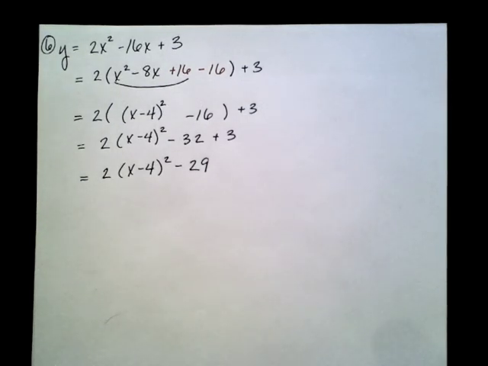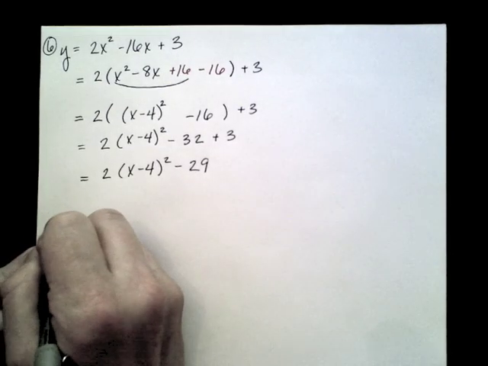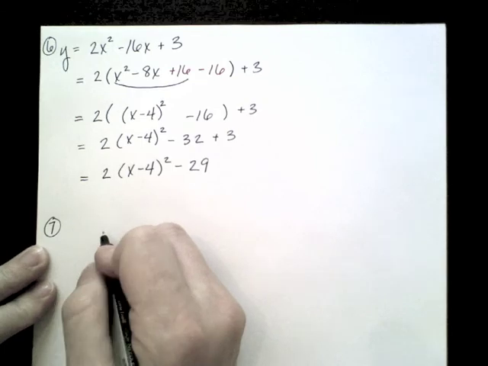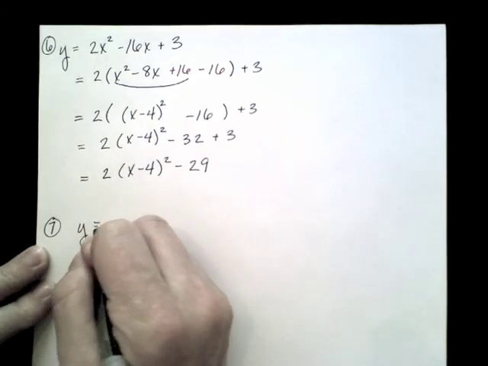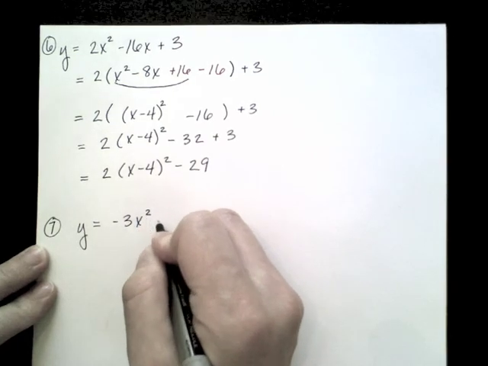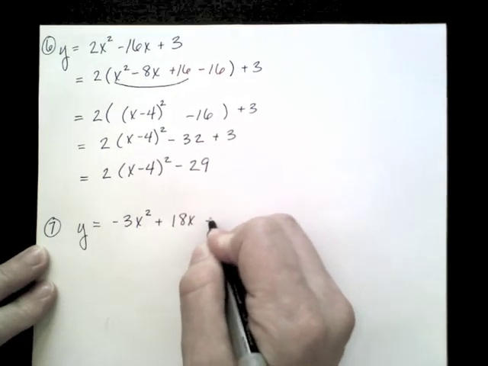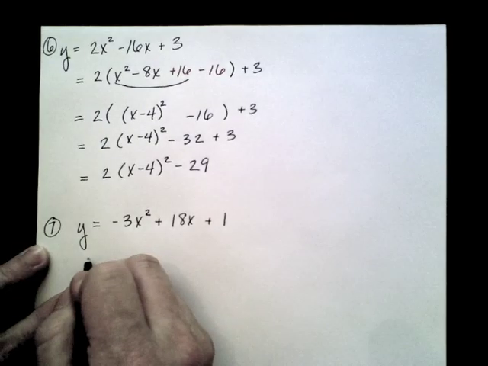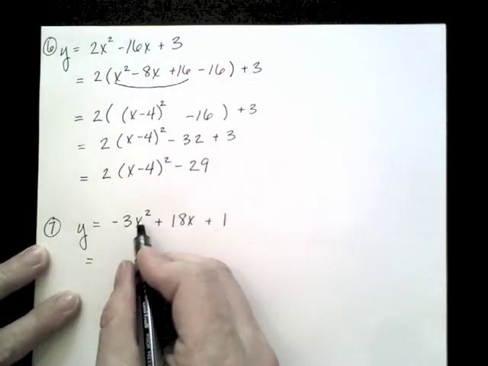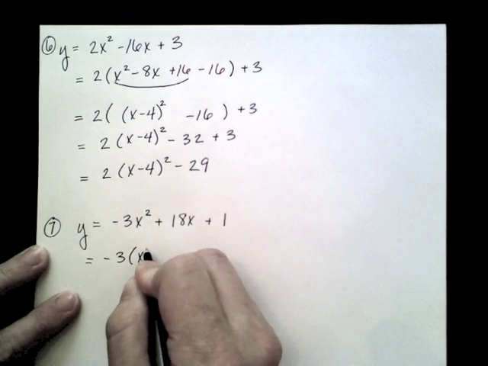Okay. Let's do one more example like that. And that will be y equals negative 3x squared plus 18x plus 1. And so I'm going to factor out the negative 3 from everything that has an x in it.